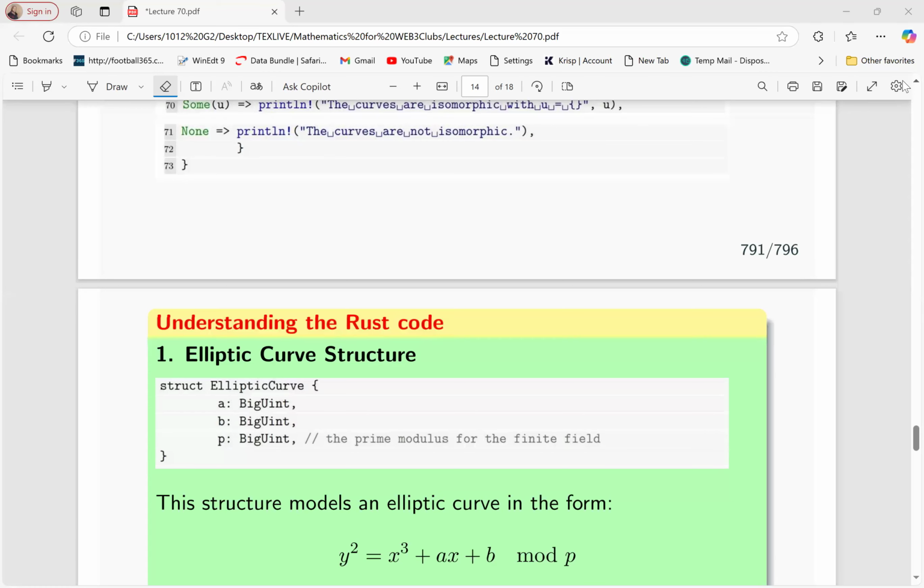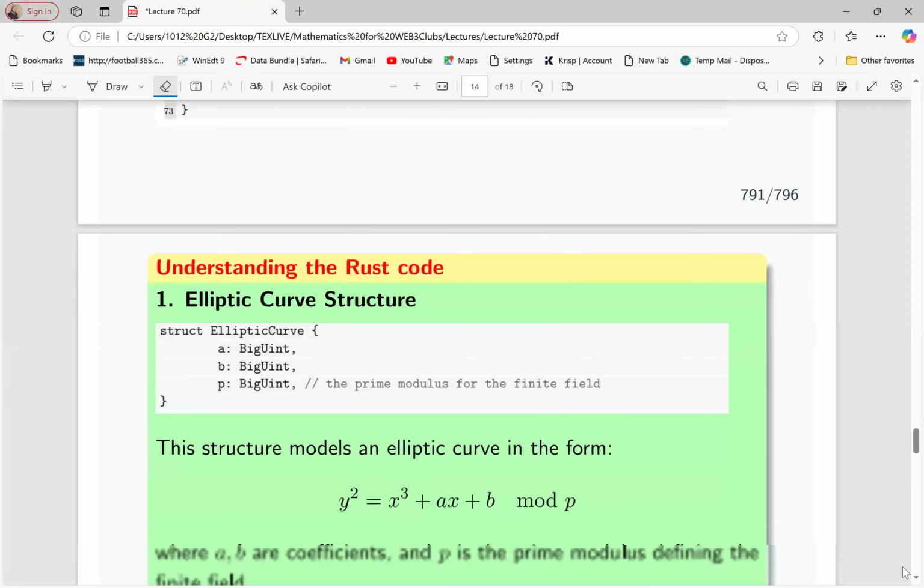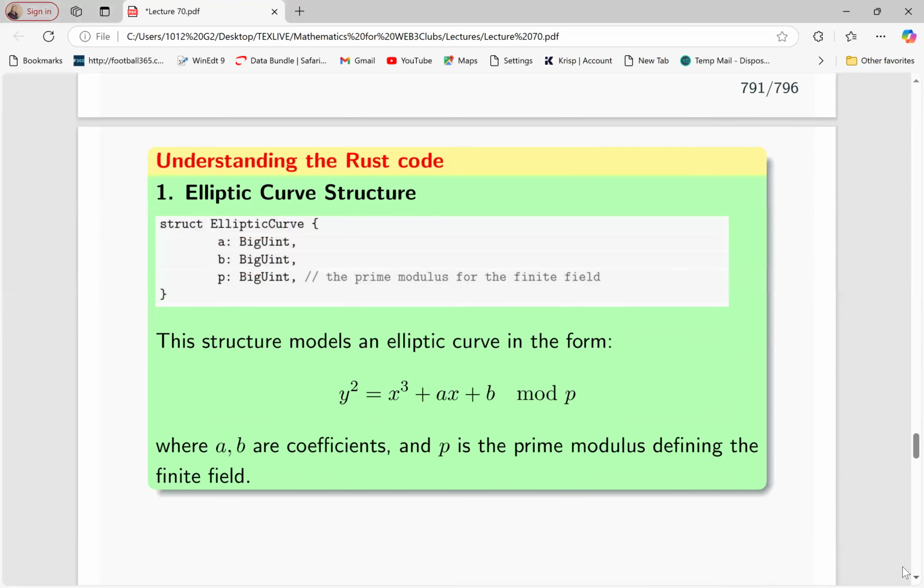Okay, I had already explained this, but I can go through it again. The first part is just giving us the structure of the elliptic curve, and we understand what the elliptic curve looks like.